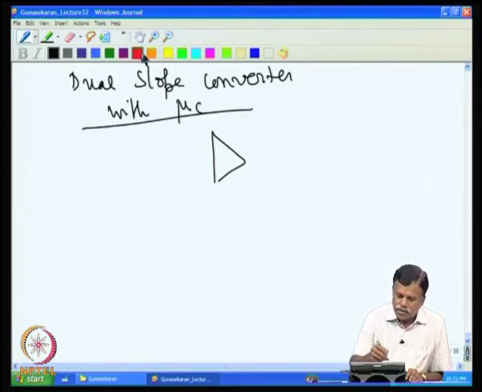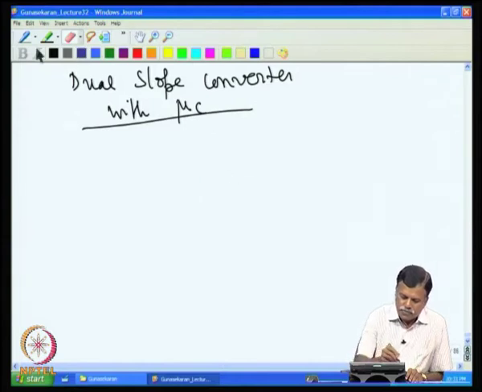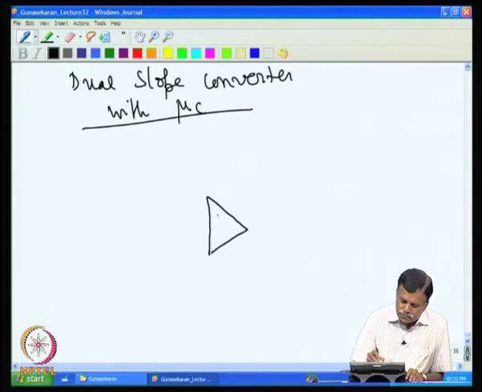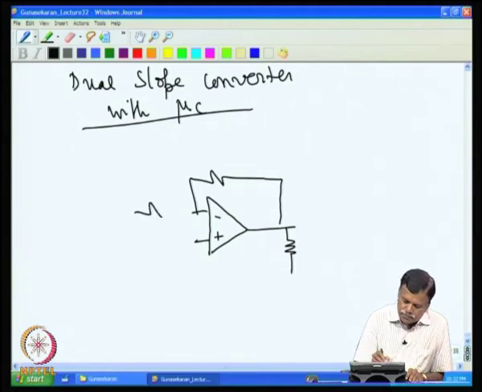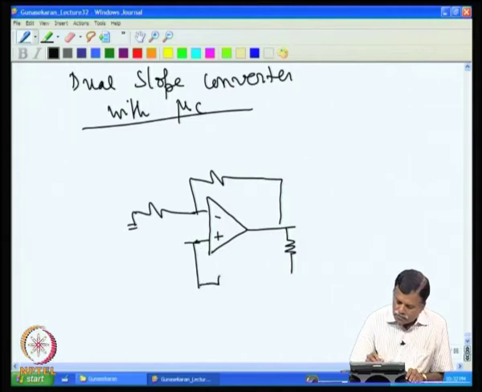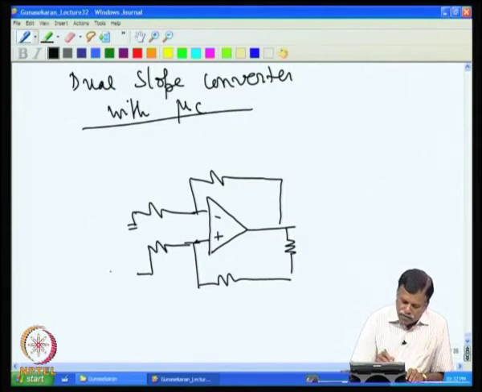So, here what can be done is that we can have the regular current source, similar to what we had in the dual slope converter.